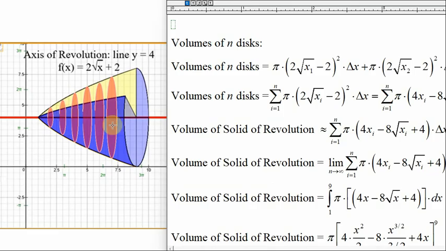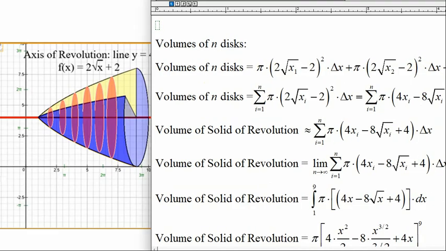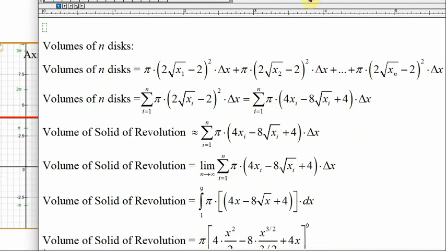If we divide the solid of revolution into n number of slices, then the volumes of n slices would look like this. This would be the volume of the first slice, volume of the second slice, and then volume of the nth slice.